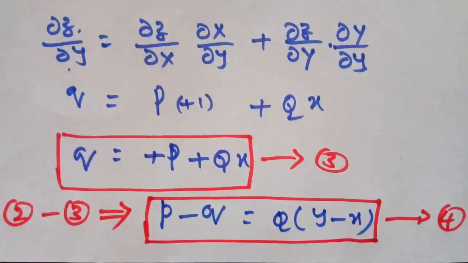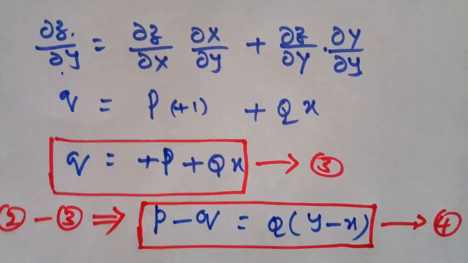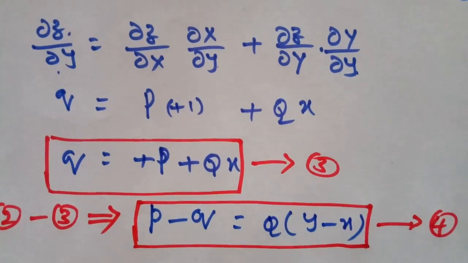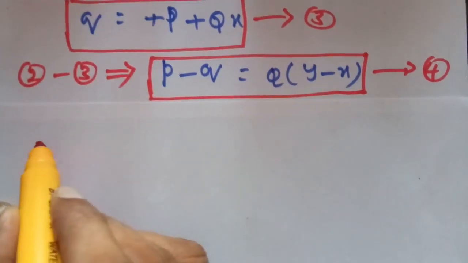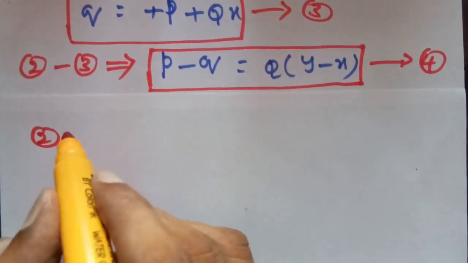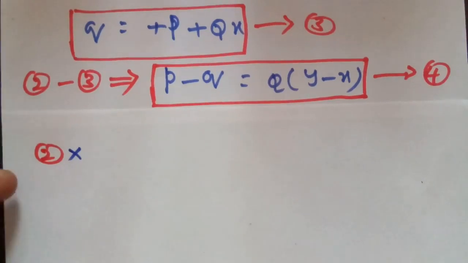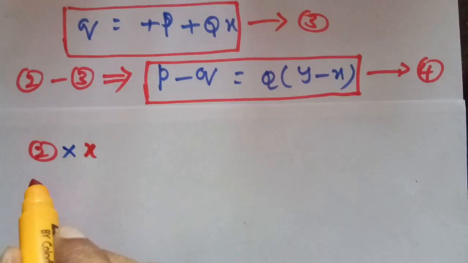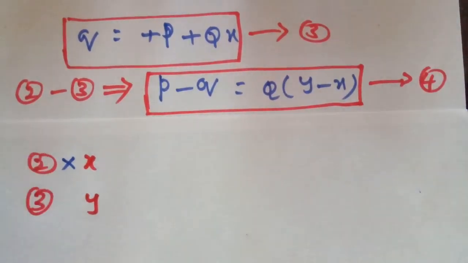Now we have to find px minus qy. Multiply 2 by x and 3 by y and subtract. Now 2 into x minus 3 into y.